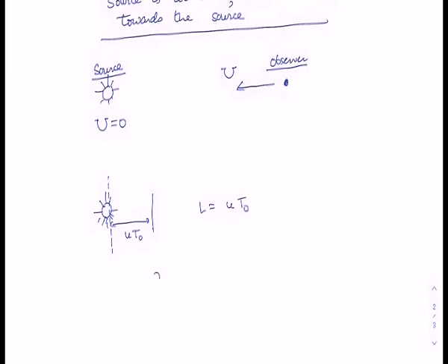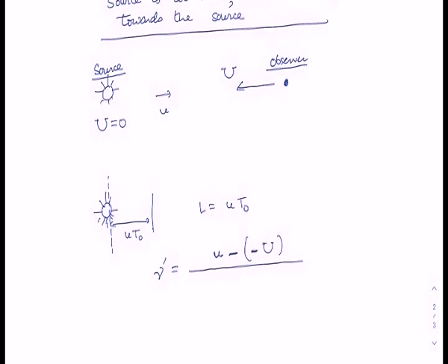What about the velocity? The formula would be the velocity as measured by the observer. Sound velocity is u with respect to the stationary medium, that is air, say. And now with respect to the stationary medium, this observer is moving towards this source, so it is u plus capital U, because sound velocity is along this direction and the observer is in the opposite direction.